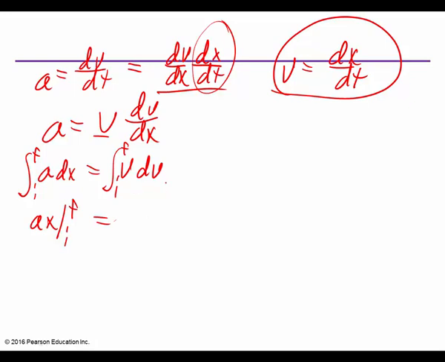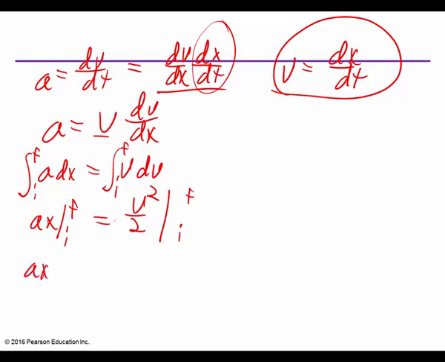The integral of v with respect to dv is what? Well, it is v squared over 2, v final over initial. All right, so now let's just plug everything in and let's see what we have.